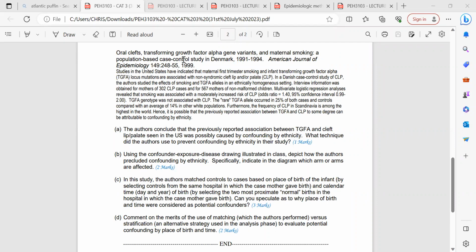They were trying to look for growth factor alpha gene variant and maternal smoking, so they were looking at the two. But what the study revealed is that smoking was associated with a moderately increased risk of CLP, but TGFA genotype was not associated with CLP.